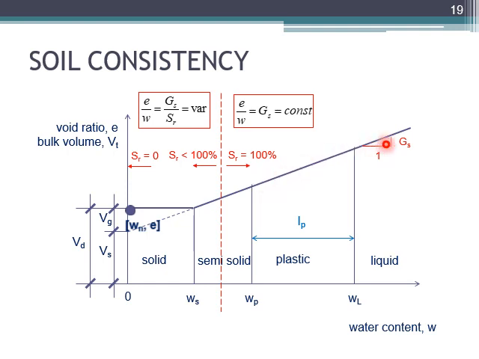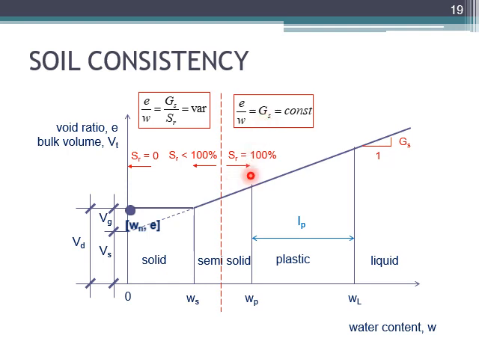The inclination of this line will be equal to the specific gravity. It comes from this equation, because for a fully saturated soil, the ratio of the void ratio and the water content equals the specific gravity value.